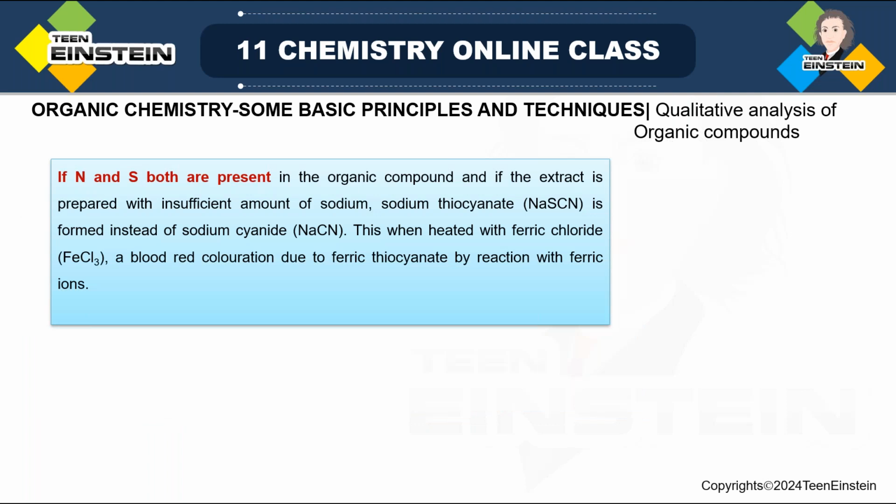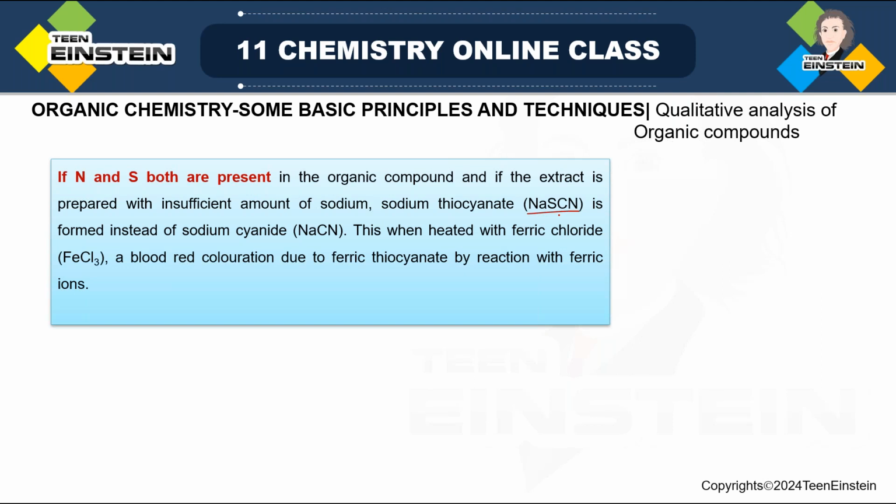After sulfur and nitrogen detection, we have seen two separate experiments. One is for nitrogen, another one is for sulfur. But it may happen that both nitrogen and sulfur are present in the organic compound. Then there is a chance of formation of sodium thiocyanate, NaSCN.